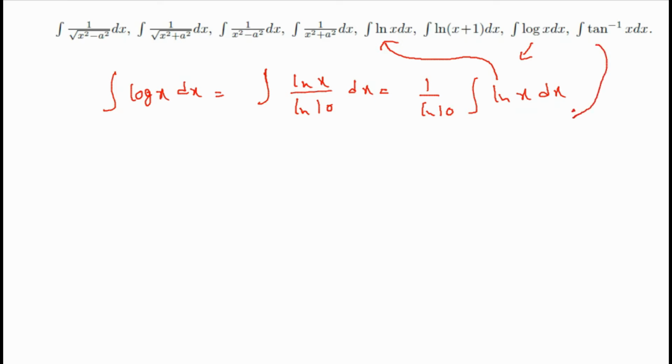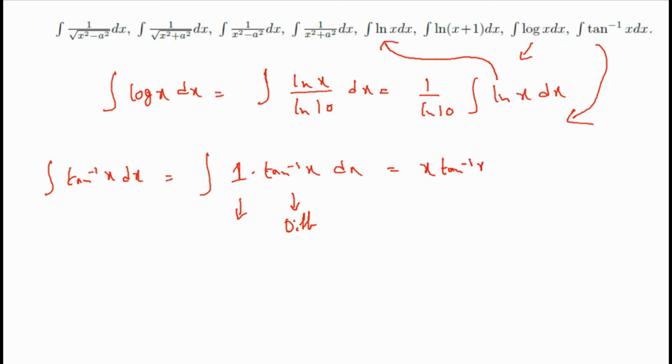Now tan inverse x or any kind of inverse function, say for integration tan inverse x dx, we will use again integration by parts. So 1 into tan inverse x dx, so we will integrate that one and we will differentiate that one, that tan inverse x. So x tan inverse x minus integration x and differentiation of that one, so 1 by 1 plus x square into dx.